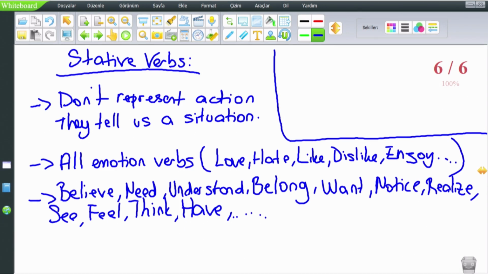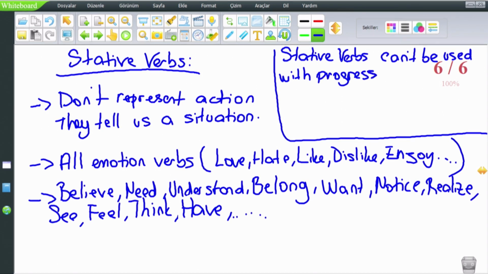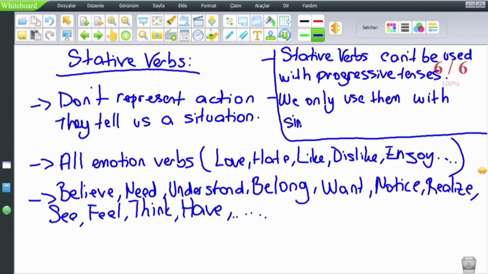any progressive tense. We only use them with simple tenses.